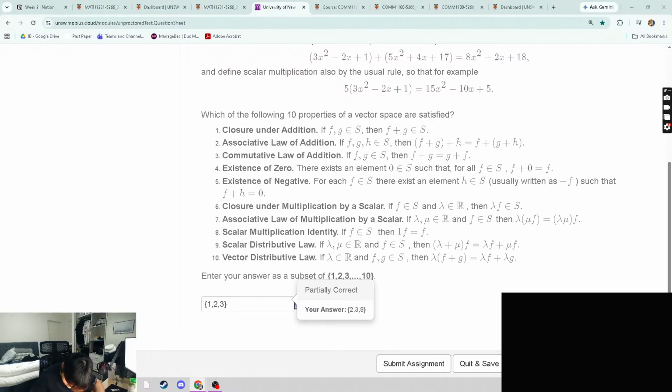Algebraically, because the axiom doesn't care that it is in S, just that it's algebraically correct.